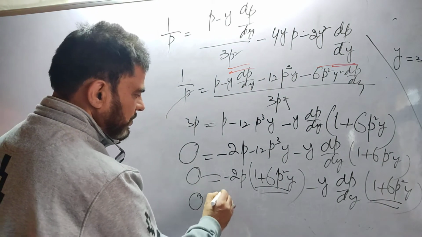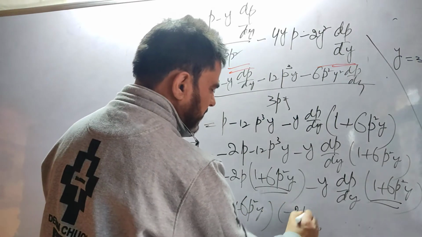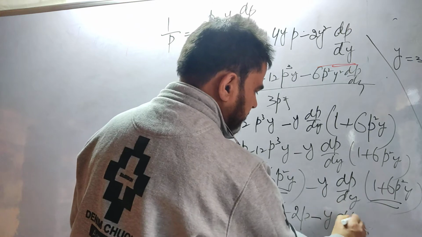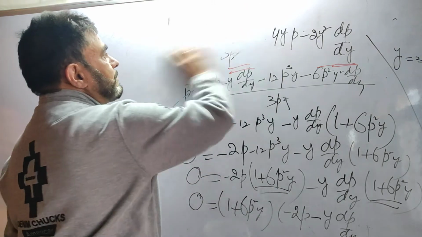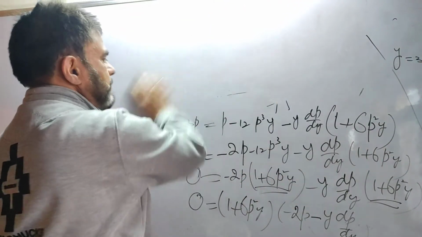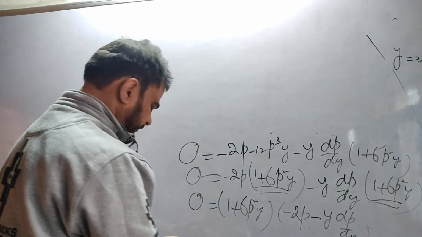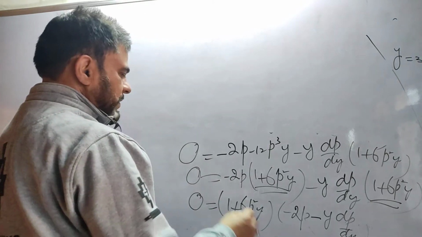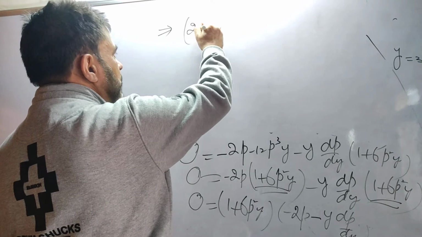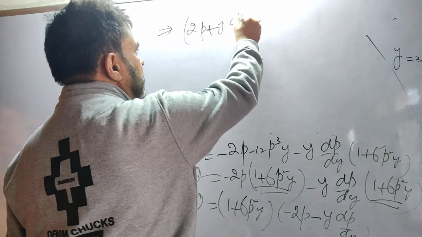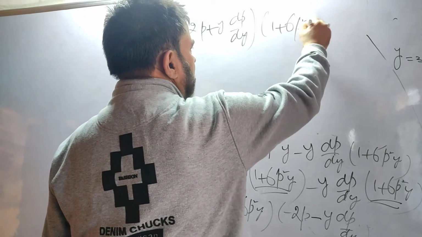It is 0 is equal to 1 plus 6p square y into minus 2p minus y dp by dy. So this implies, taking minus outside, 2p plus y dp by dy into 1 plus 6p square y is equal to 0.